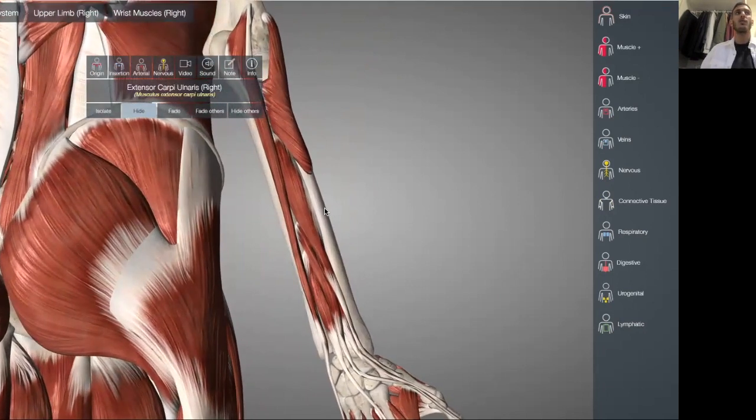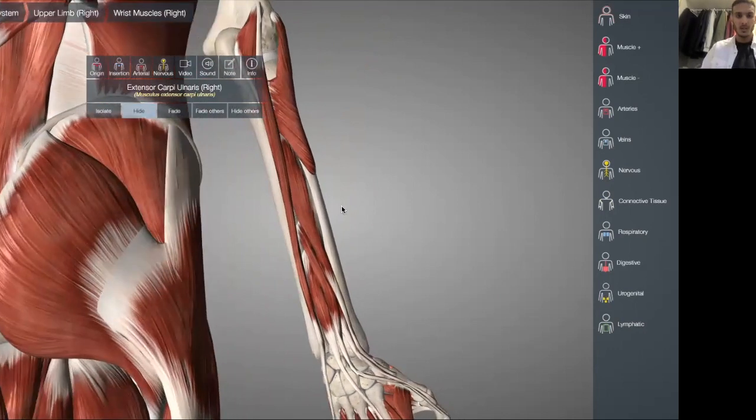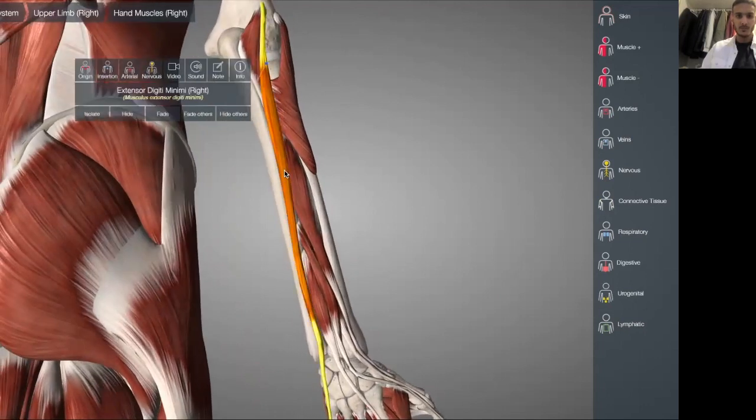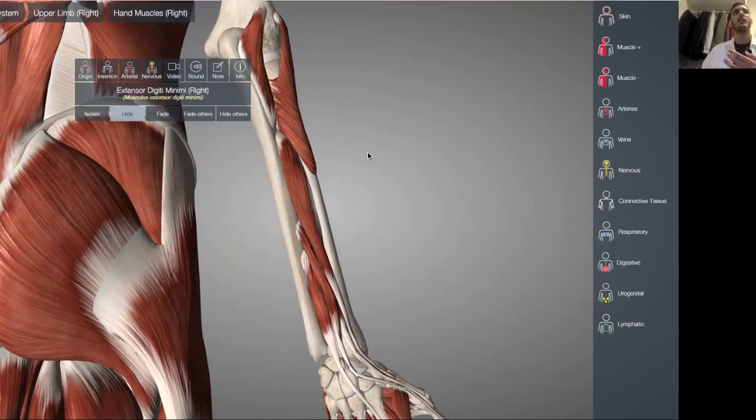The extensor compartment is made up of two layers, the superficial and the deep. This is one of the superficial ones, yes, the extensor digiti minimi. Let's hide it as well. So remember, in the superficial layer you have the brachioradialis, extensor carpi radialis longus, extensor carpi radialis brevis, extensor digitorum, extensor digiti minimi, and the extensor carpi ulnaris.